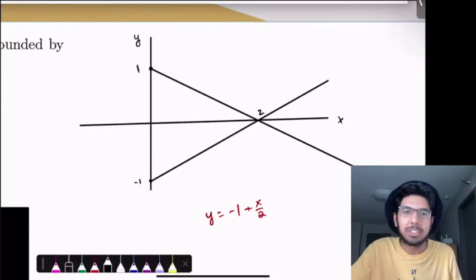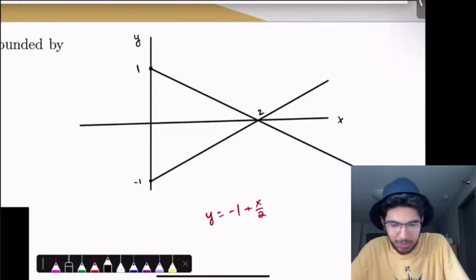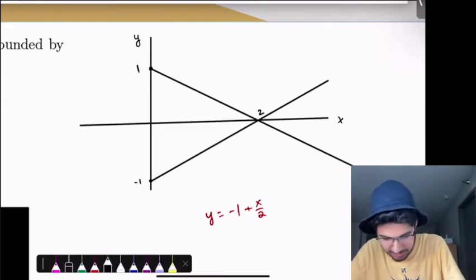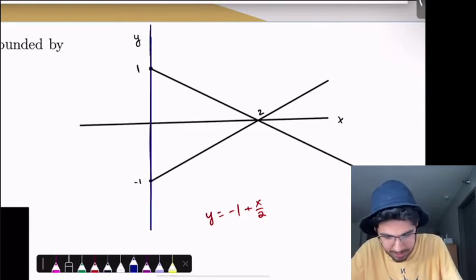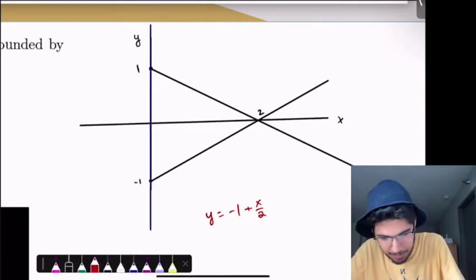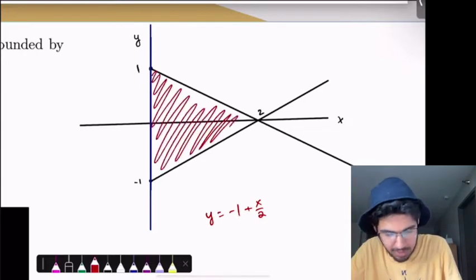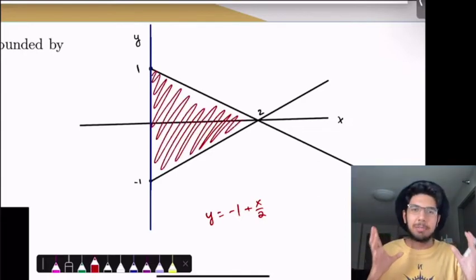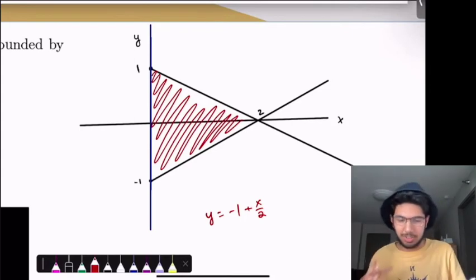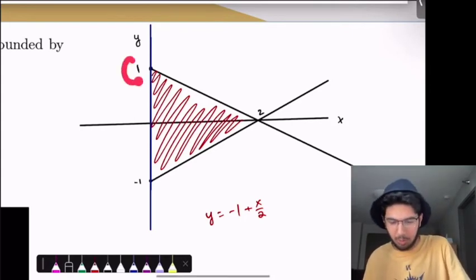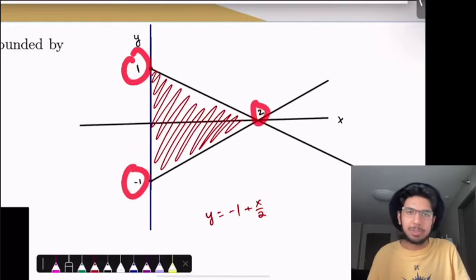The region is bounded between those lines, and also x equals 0, which would be this vertical line here. So the base is going to be this triangular region here, right? So that's what the base is going to look like, this triangle with endpoints at 1, negative 1, and 2.